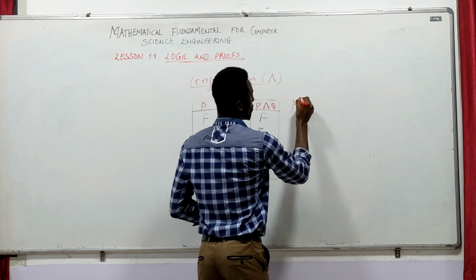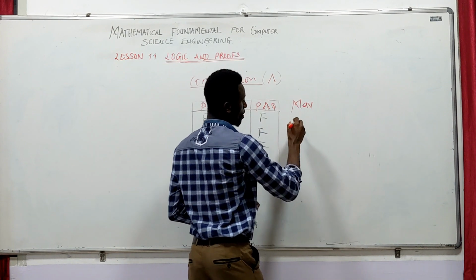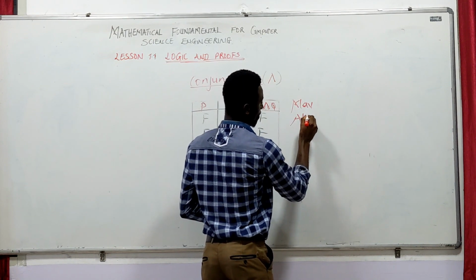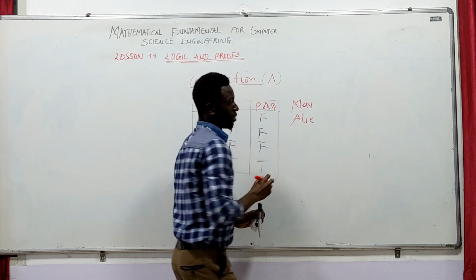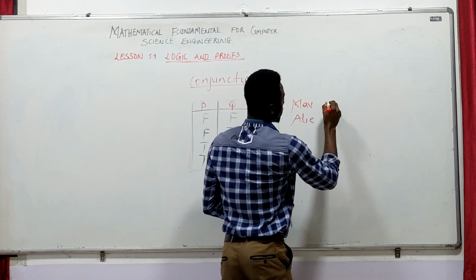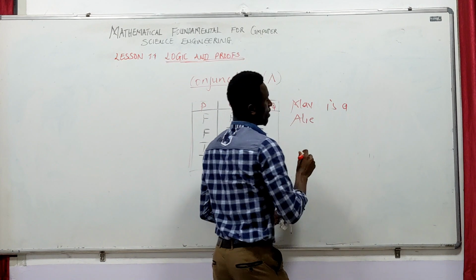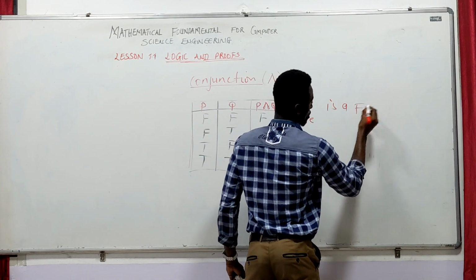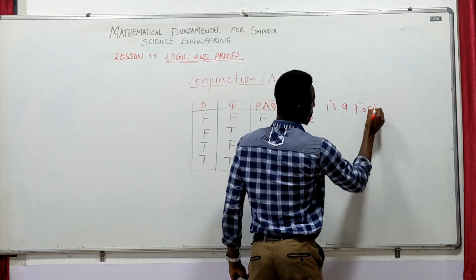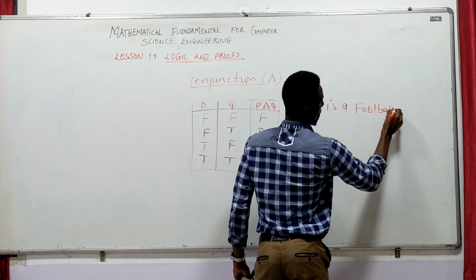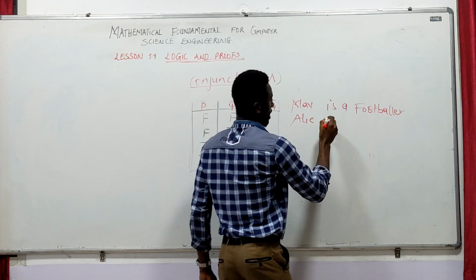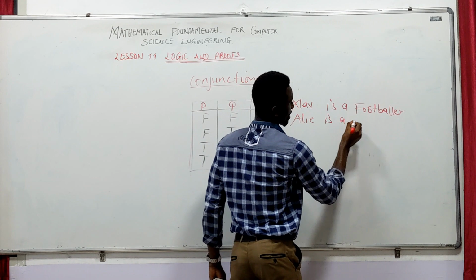So we have an example here. Previously, we used Marv and Ali. If Marv is a footballer, as we said previously, and Ali is a cricketer.